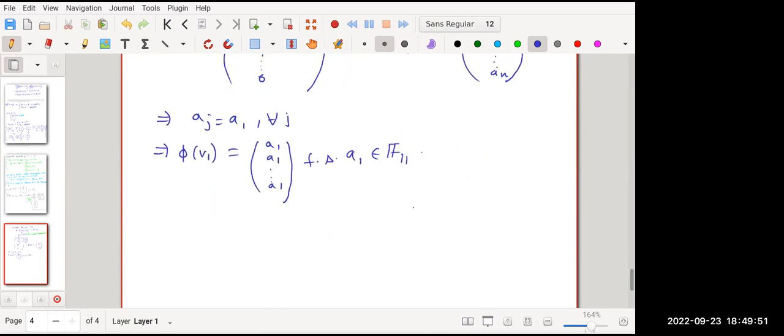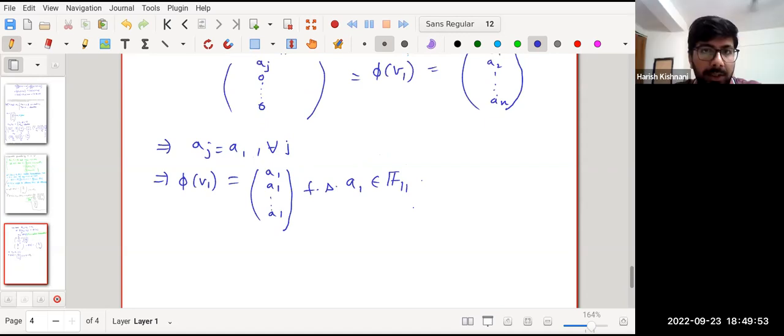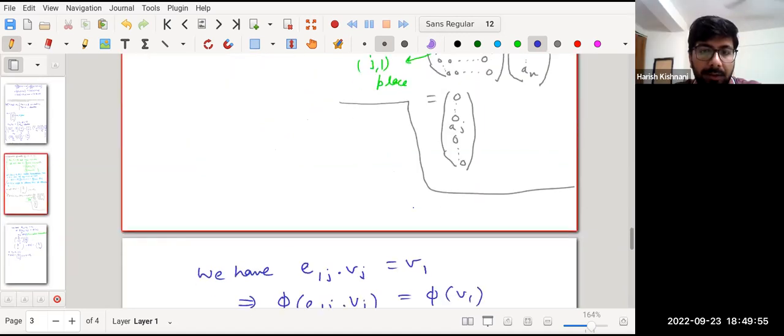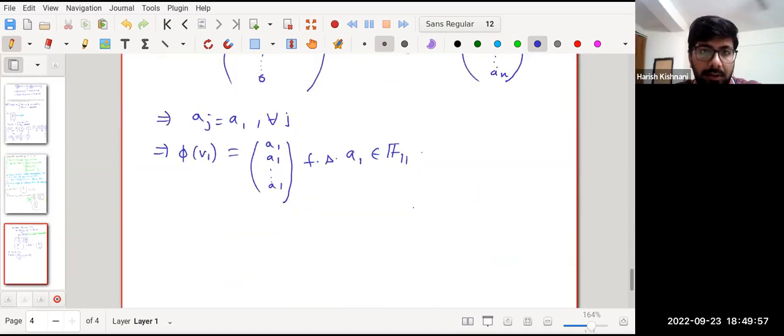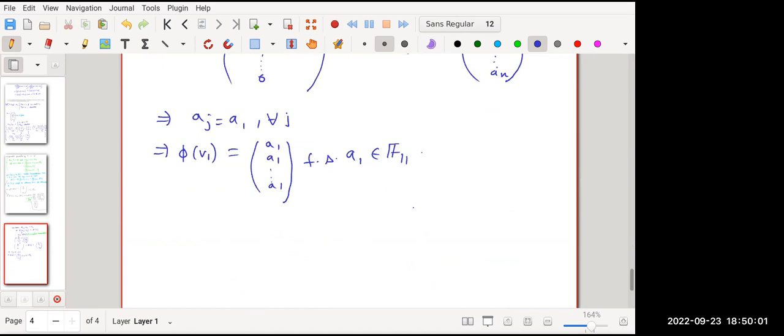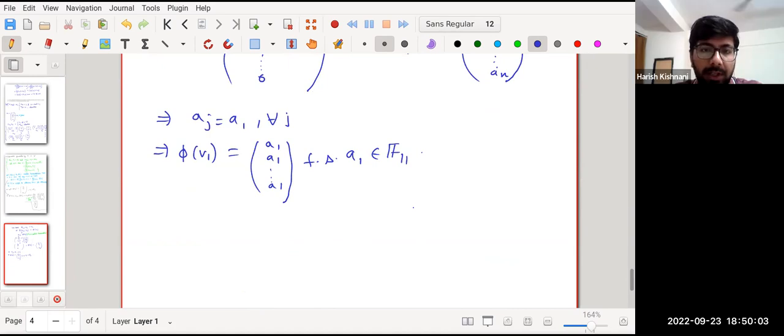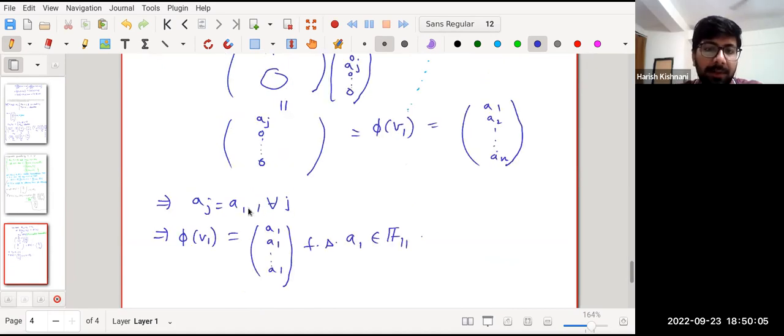So earlier we had F_11 raised to n choices. How many choices are there now? 11 choices. And now it's up to you to check that for each choice of a1 you will get a module homomorphism.